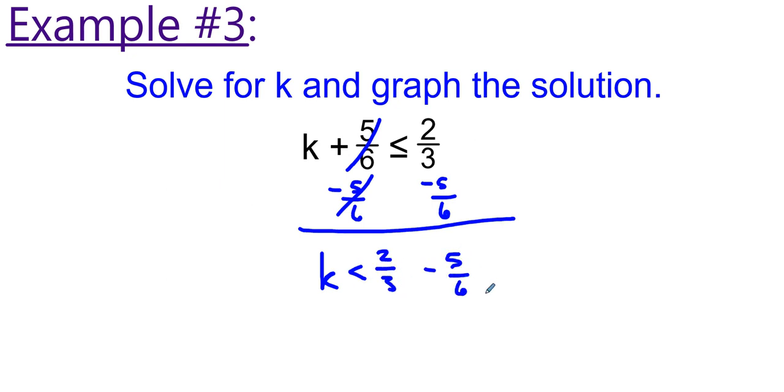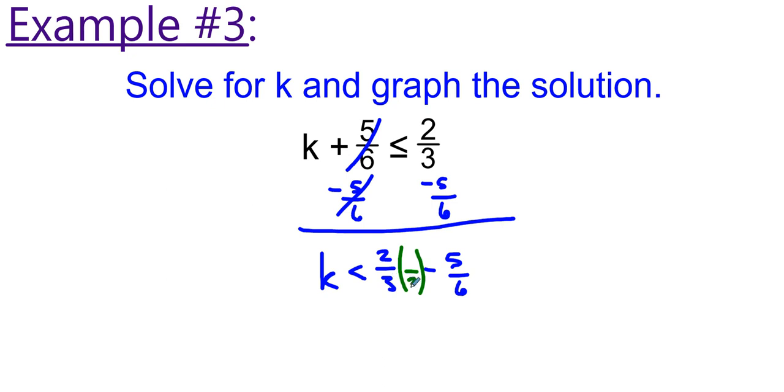Now, in order to add or subtract fractions, we need those common denominators. So how do we make a common denominator? Well, I just need to multiply by a certain kind of 1. I'm going to make it a fraction. Anything over itself equals 1, and multiplying by 1 does not change the value. It might just change how it looks. So I need to turn this denominator into a 6. 3 times 2 is 6.